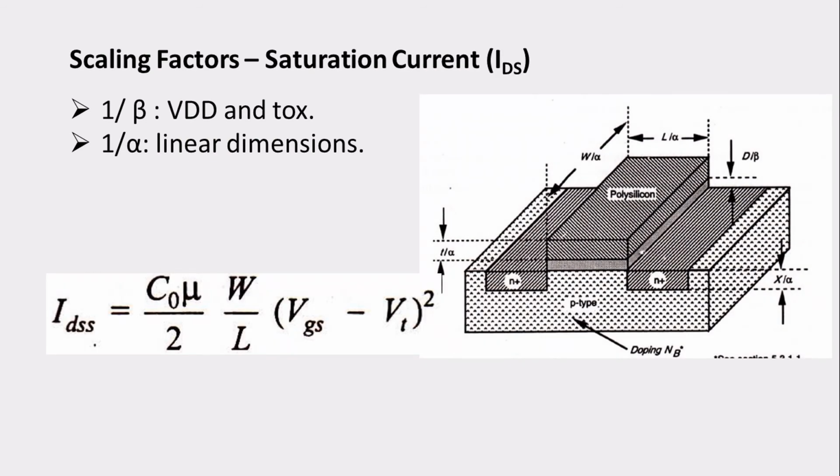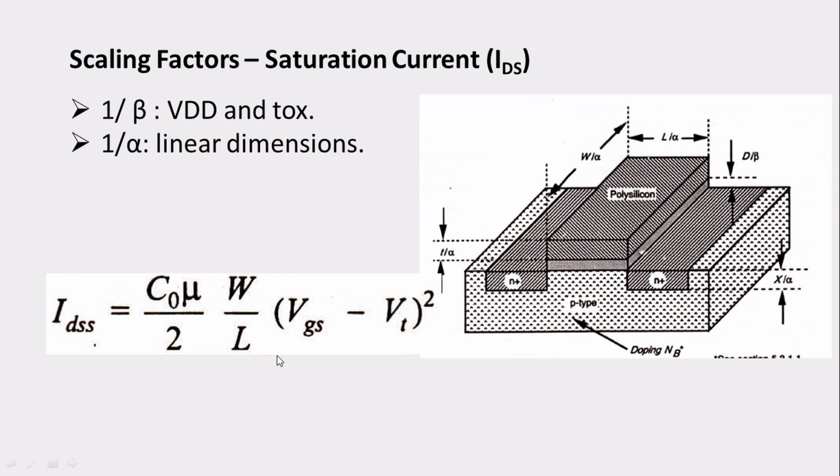Now for IDS, the saturation current. Most of the transistors we are using work in the saturation region. The saturation current is given by C naught mu by 2 into W by L into VGS minus VT whole square.